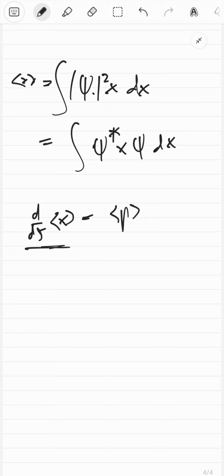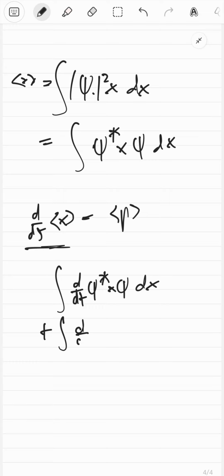So we're just going to figure out what this quantity is. It's just the derivative of this thing. You can use the product rule over there, and what you will have is something like the integral of d by dt of psi star, x, psi dx, plus the integral of psi star x d by dt of psi dx, and something like that.